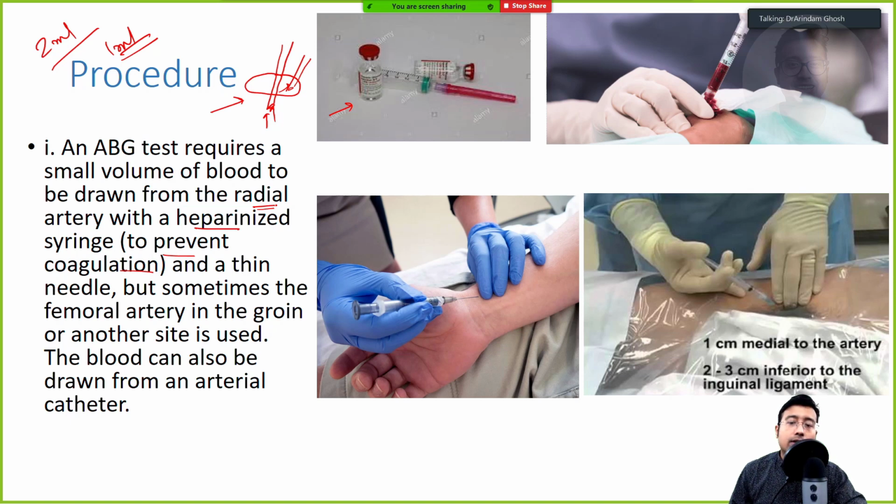We expose the inguinal region, and this is the actual landmark: 1 centimeter medial to the artery and 2 to 3 centimeter inferior to the inguinal ligament. It's an anatomical landmark. Just memorizing this is not good enough, because the location of the artery may be slightly different for different patients. So we first palpate the femoral artery.